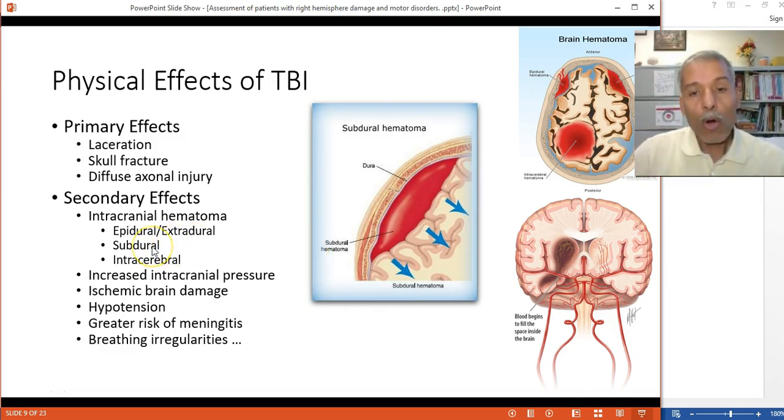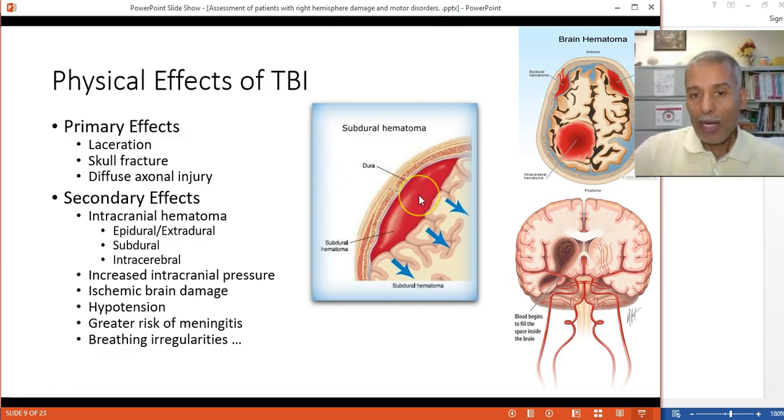Or it could be subdural, where the dura is still attached to the skull, the blood vessel bursts, and then you are going to have the blood pooling under the dura. So this is why it's called subdural, beneath the dura.